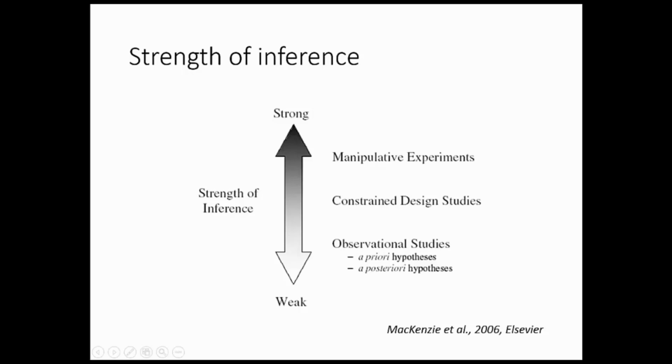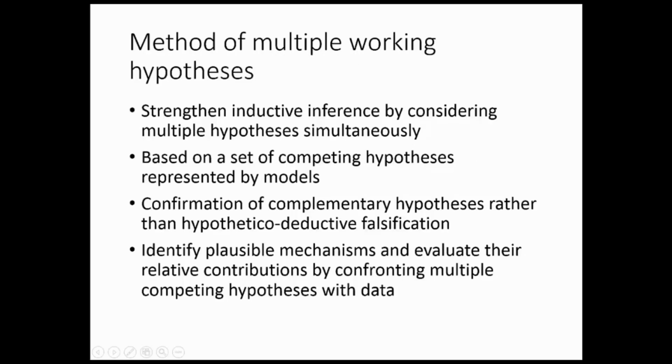So the main point here is in our observational studies, we should think hard about making a priori hypotheses for this type of work. So we can strengthen inductive inference by using the method of multiple working hypotheses, where we consider multiple hypotheses simultaneously. So using this approach, we arrive at a set of competing hypotheses that are represented by models.